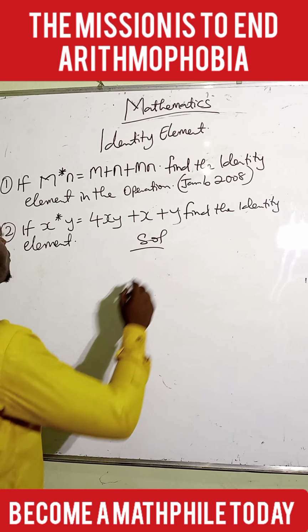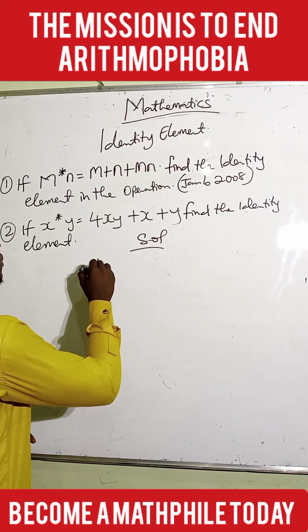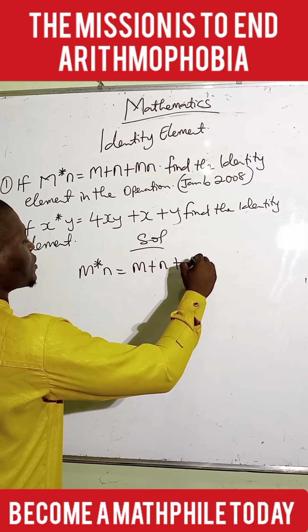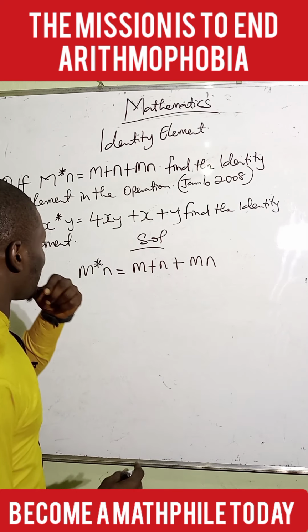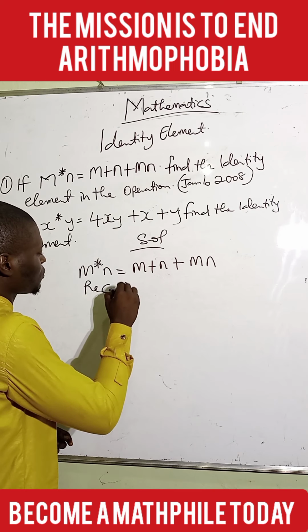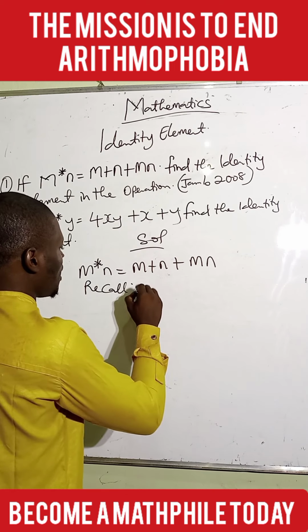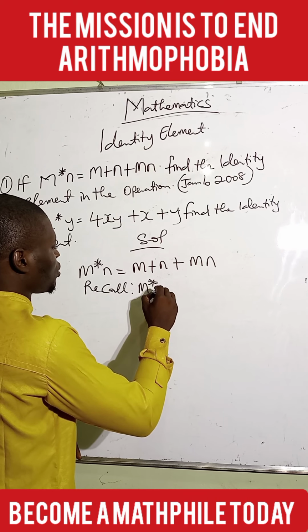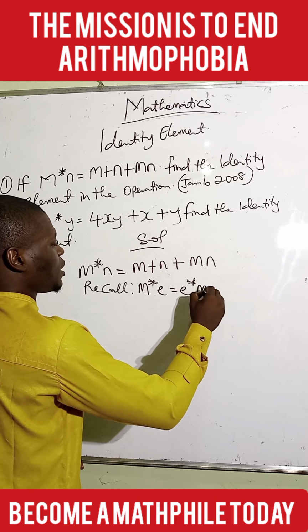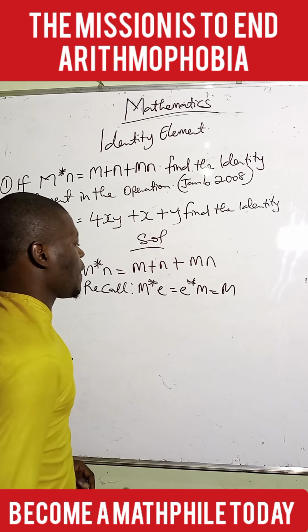The number 1 question reads m operation n equal to m plus n plus mn. We should find the identity. Recall, m operation E is equal to E operation m, which will give us m.